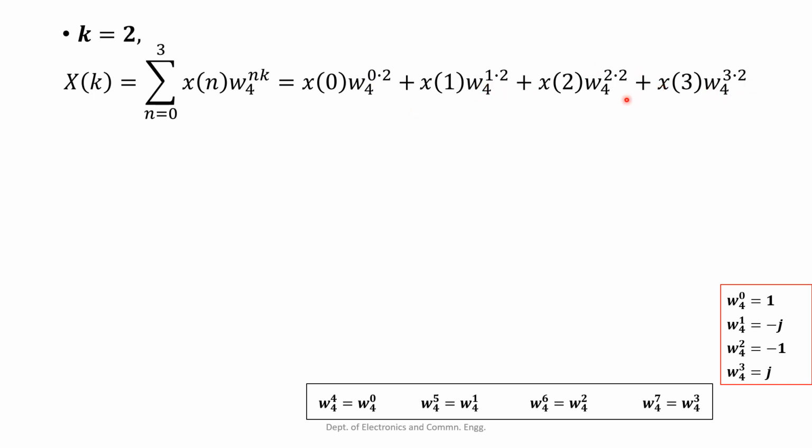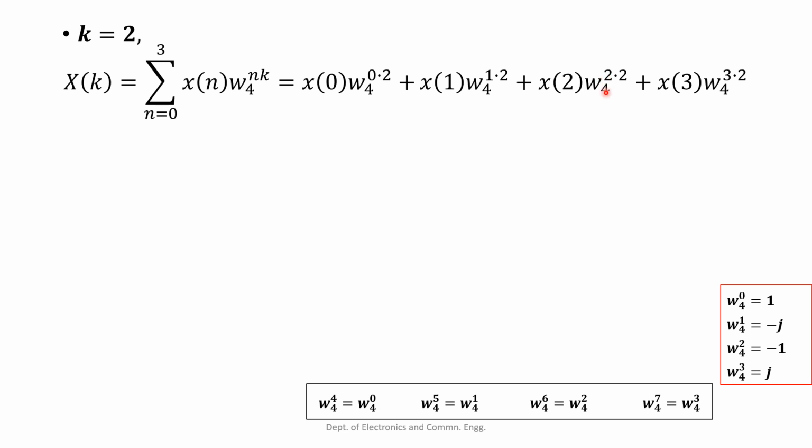Now if you simplify, take this one as well as this one as an example. This will be omega 4 power 2 into 2, that means omega 4 power 4. While calculating the twiddle factor at the beginning, I told that if it goes beyond the range, then it will once again reside on the same unit circle and its values keep repeating.